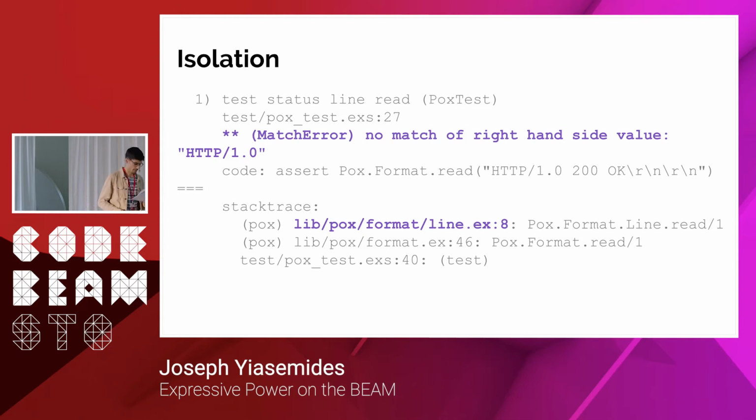Where I'm going with this is that being exhaustive here is the idea of intentional programming, as the Erlang community likes to call it, and maybe it's assertive programming for the Elixir community. This idea of really being exhaustive in terms of the fact that I'm only dealing with HTTP 1.1.